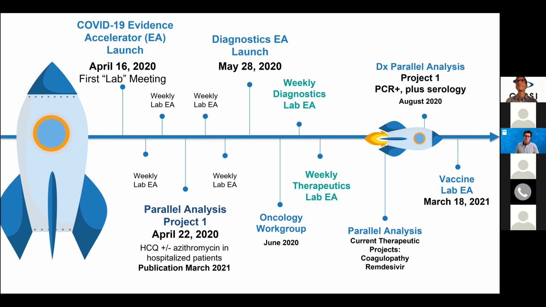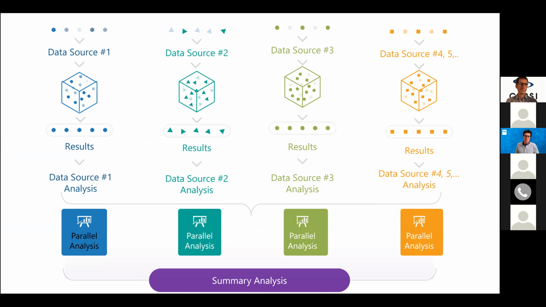So the next slide, this is just a schematic of what we refer to as a parallel analysis project, which is one of the major activities conducted under the Evidence Accelerator. Basically, in a parallel analysis project, you have multiple data holders working together to address a single high priority research question.